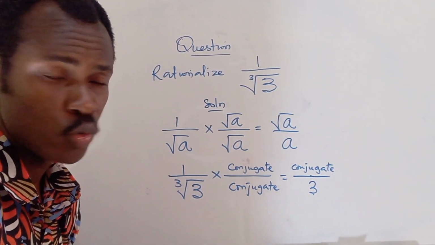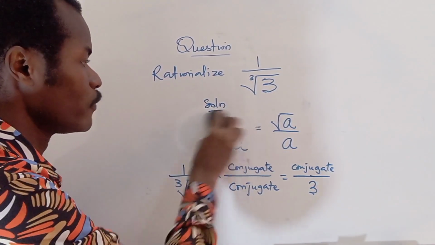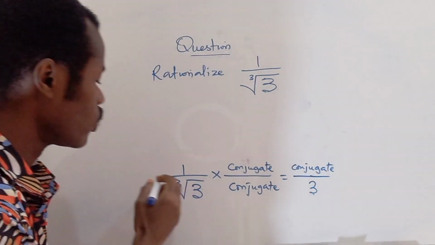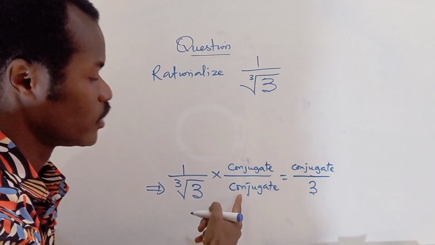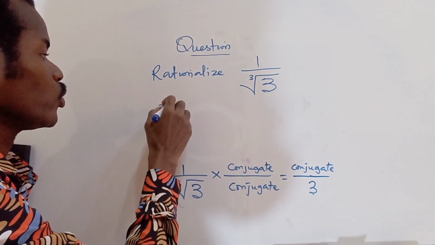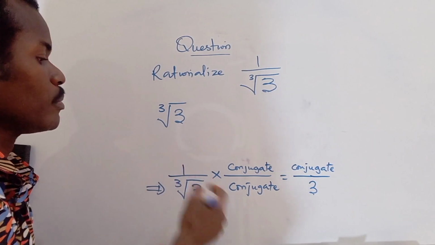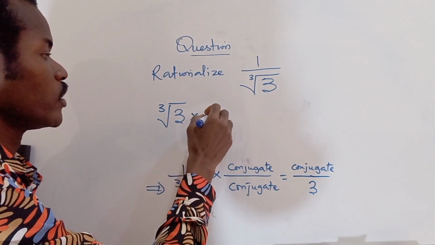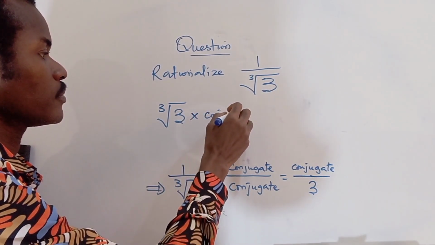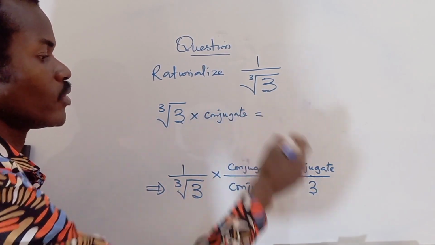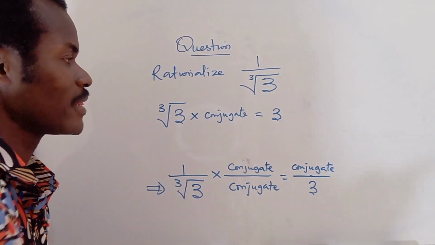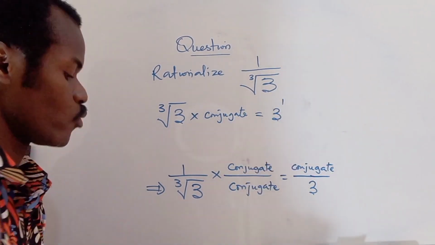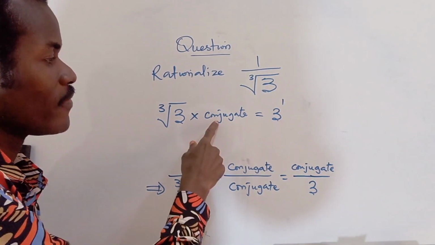That is what we want to look for before we can solve the problem. Let's take the whole denominator to solve for the conjugate. So I have the cube root of 3 multiplied by the conjugate to give us 3. Remember 3 is still 3 raised to the power of 1. Now how do I find the conjugate?